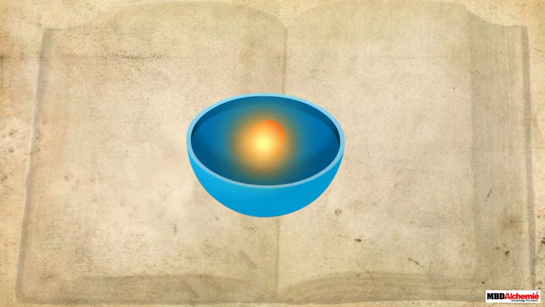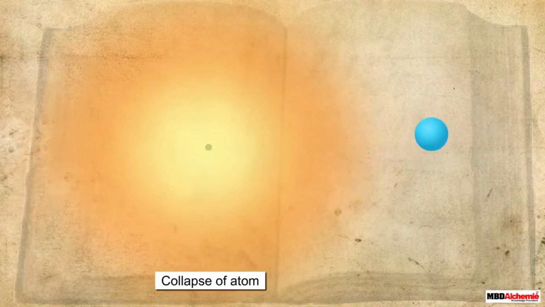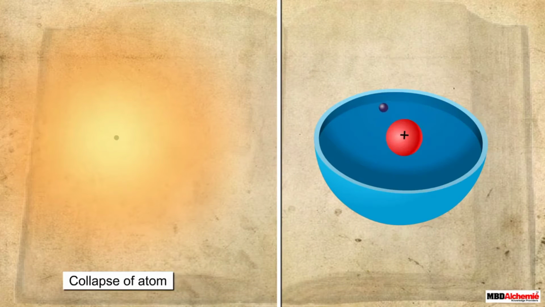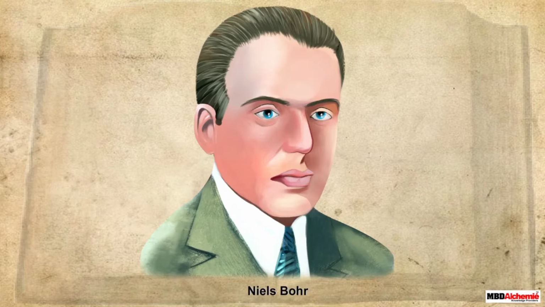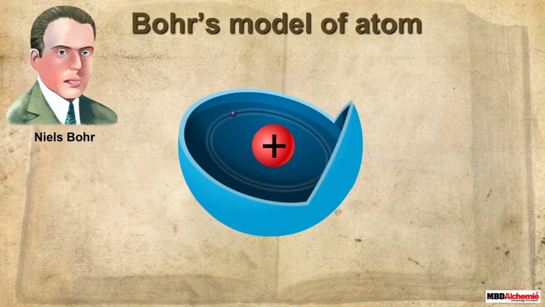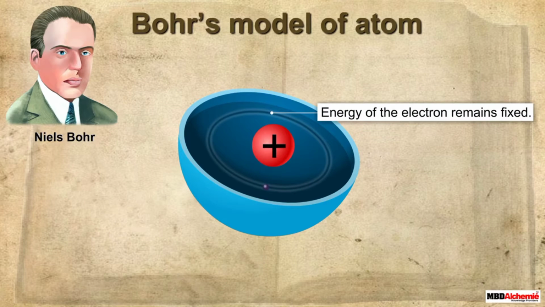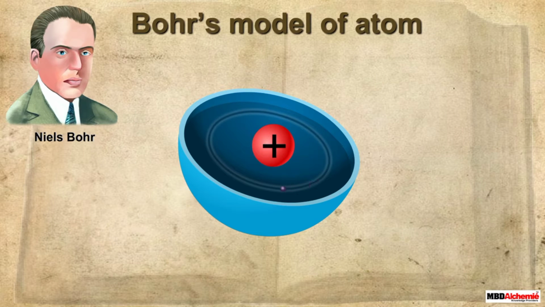Bohr said that electrons do not lose energy as they revolve around the nucleus, but their energy remains fixed. He explained that the energy of electrons remains fixed because they are restricted to some fixed orbits. Each of these orbits is at a fixed distance from the nucleus and is associated with a fixed amount of energy.